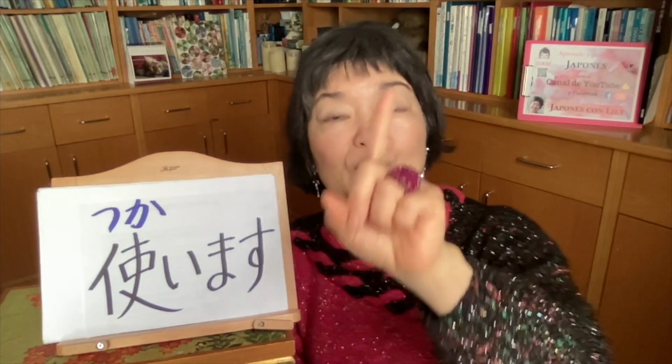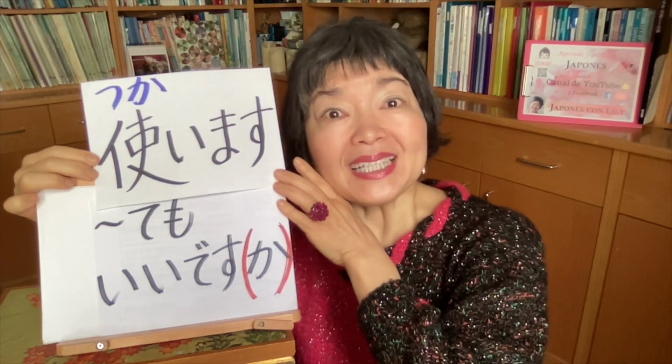辞書, dictionary. The verb 使います, to use. This is also the group 1. The te form is 使って. その辞書を使ってもいいですか?